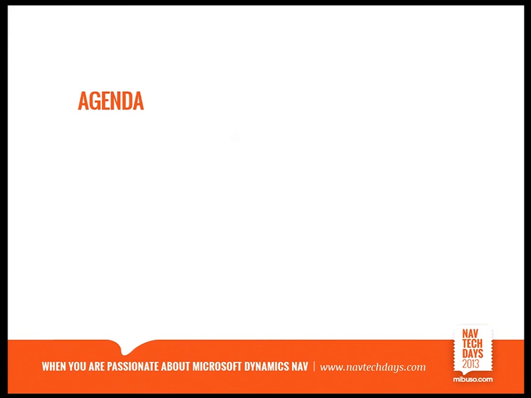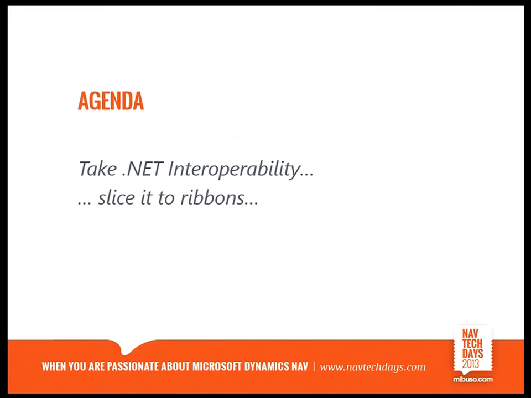So what are we going to do here? First thing, I'm going to take .NET Interoperability, then I'm going to slice it to ribbons, and then I'm going to glue it all back together. The purpose of this session is basically not to expose problems with .NET.